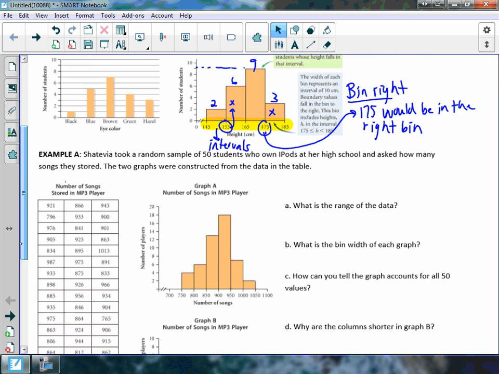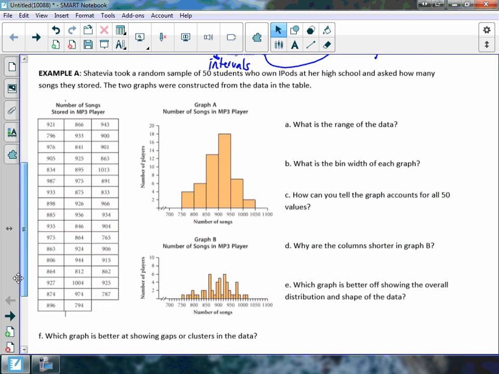I have two other histograms here to kind of just help you determine why we use histograms and kind of give you a picture of how they could be manipulated to show different trends in data. So we have somebody whose name is Shatevia, you gotta love our book, took a random sample of 50 students who own iPods at the high school and asked how many songs they stored.